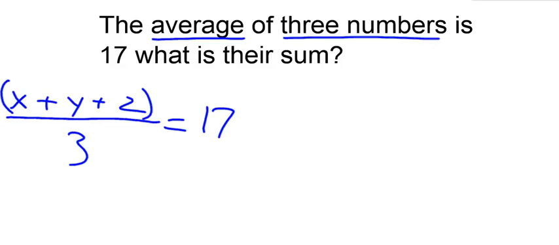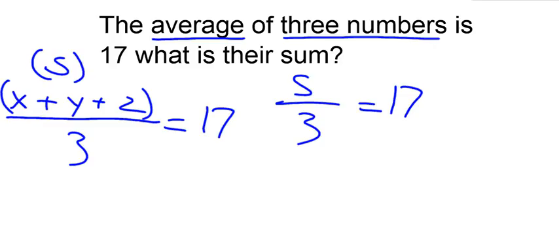And in essence, I'm looking for one value. I don't actually have to know the three values to solve it, because all I want is the sum. And so in the end, I come away with a new problem. The sum divided by 3 equals 17. Which means that if I rearrange this and solve for this, if I take 17 times 3, I'm going to get the sum.